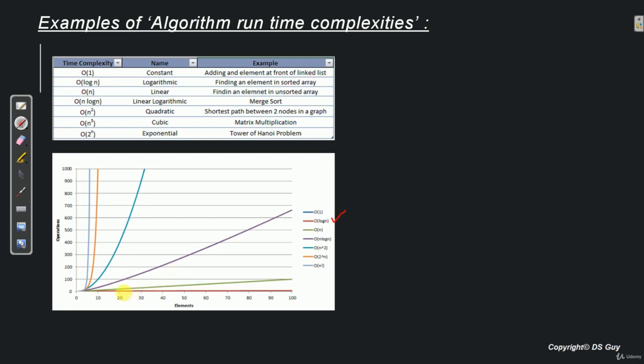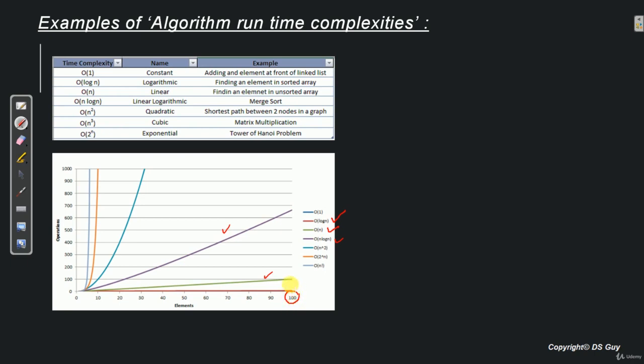Now if we go to the second time complexity, it is order log of n. So we see that log n is represented with a red line over here. Similarly, order of n, this line over here is represented in green. Order n log n is represented with purple, and so on. Now as we can see, order of log n, that is the red line, takes very few operations for 100 elements.